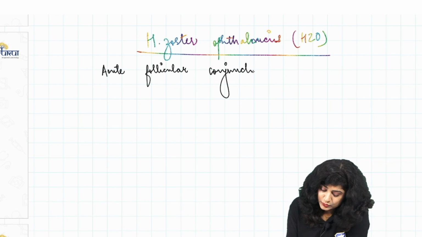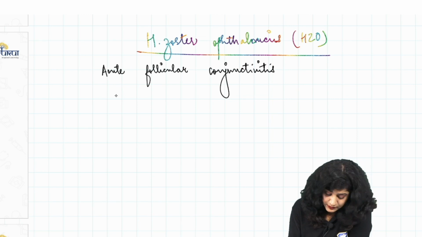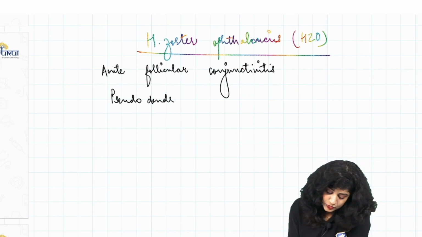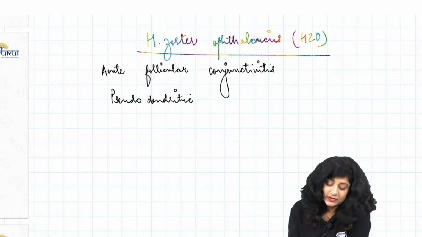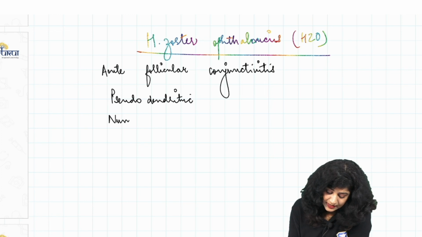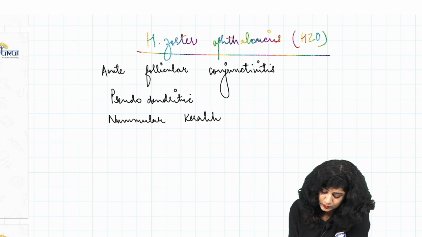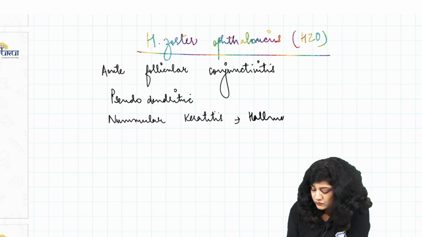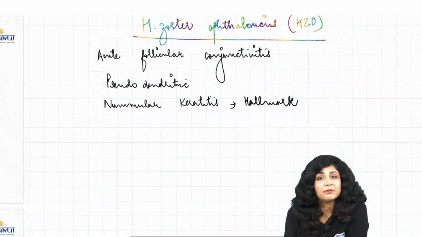Then if you think about the corneal involvement, we can have the pseudo-dendritic pattern, right? It is not the true dendritic, it is pseudo-dendritic ulcers we can have. Then we can have the nummular keratitis, the coin-shaped areas. This is the typical one. The nummular keratitis is the hallmark feature of herpes zoster ophthalmicus, right?